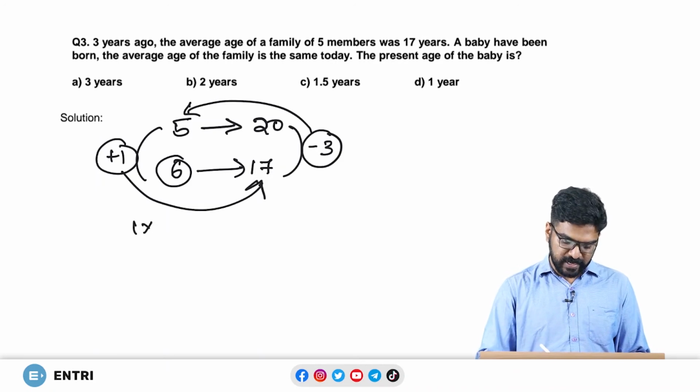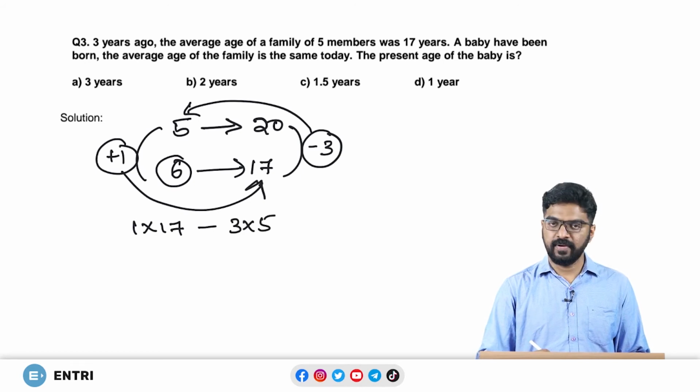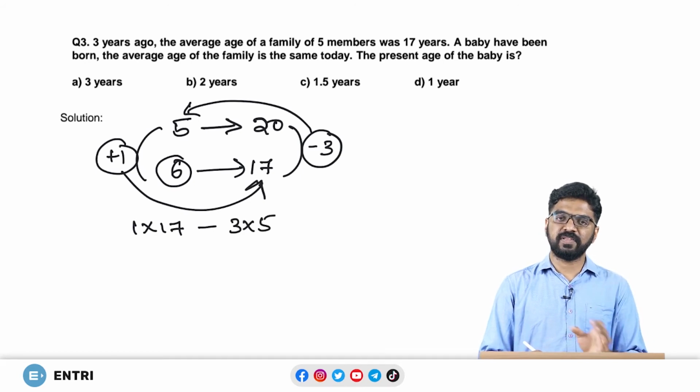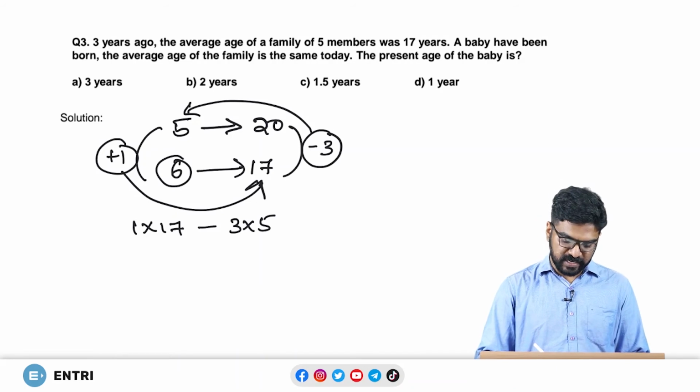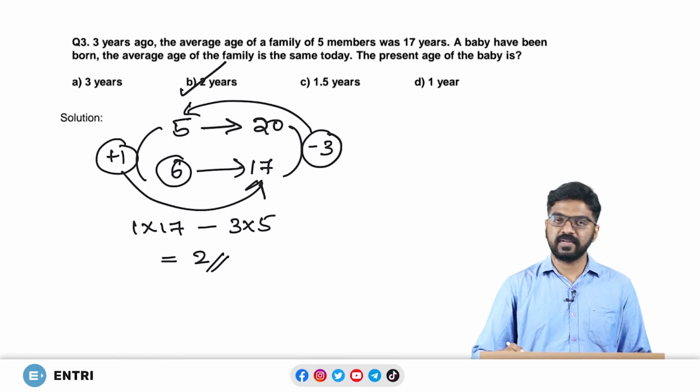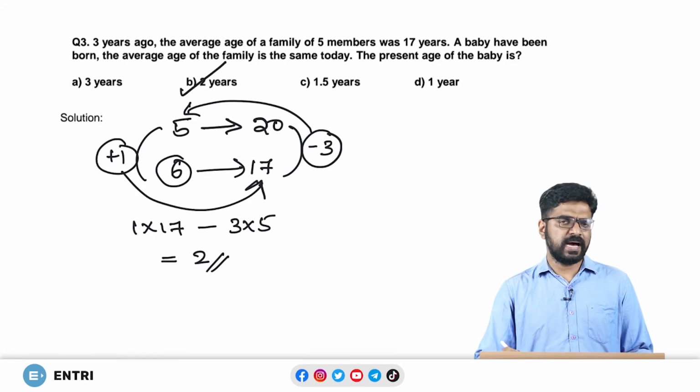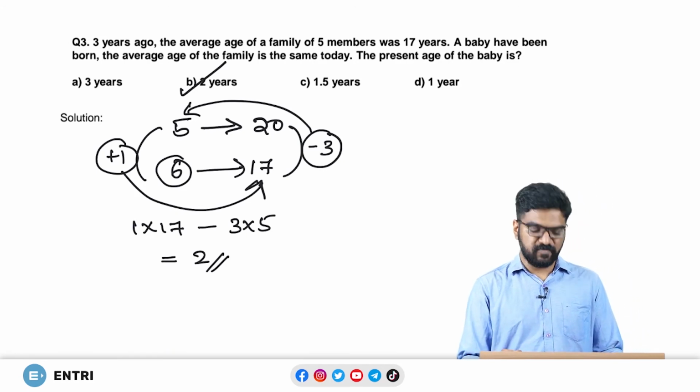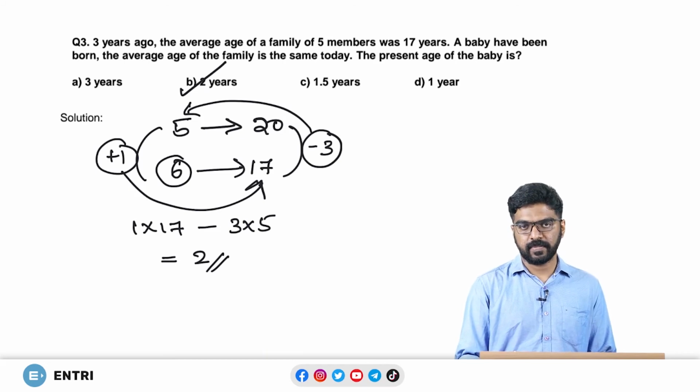So 1 into 17 minus 3 into 5. This will give you the age of the baby at present, which is nothing but 2 years old. So your answer is option B. See how simple this question has become when you apply this particular logic, isn't it?